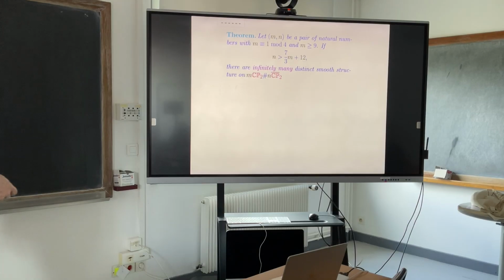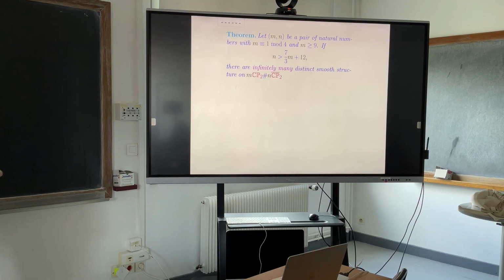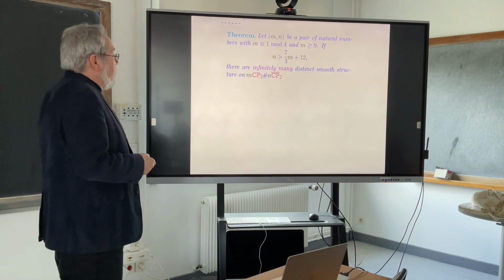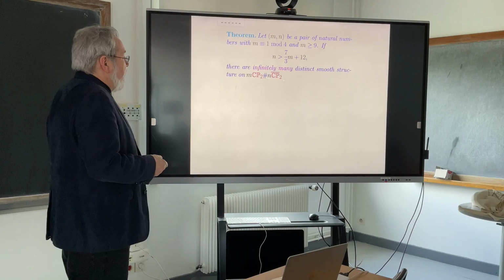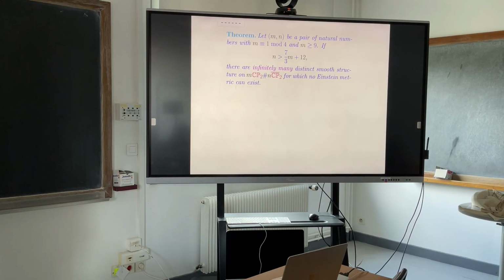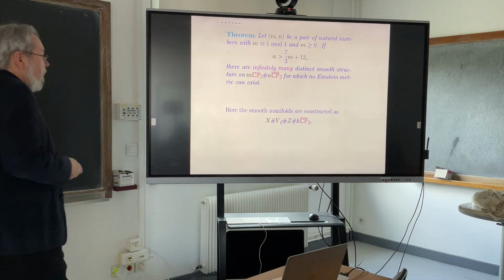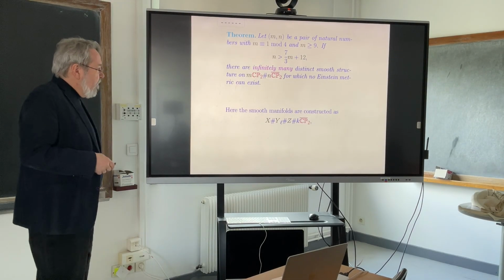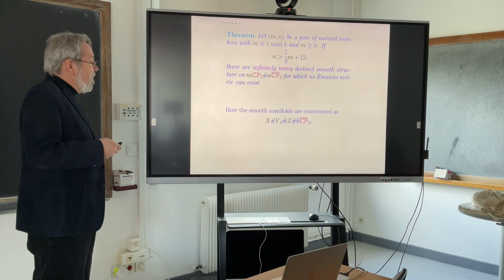Then there are infinitely many distinct smooth structures on a connected sum of M CP2 and N CP2 bar for which there cannot be an Einstein metric compatible with that smooth structure. So the smooth manifolds we're actually talking about are homeomorphic to this pair.